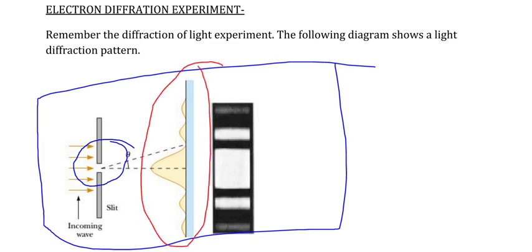So what is the diffraction pattern here? The diffraction pattern says that you have maximum intensity here in the middle. Maximum intensity means the light is more there. You see a strong intense light on the screen at the center, and as you go up or down, the intensity of light decreases, and there are points where the intensity of light is zero.